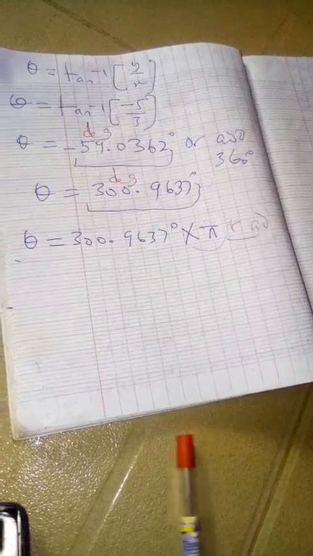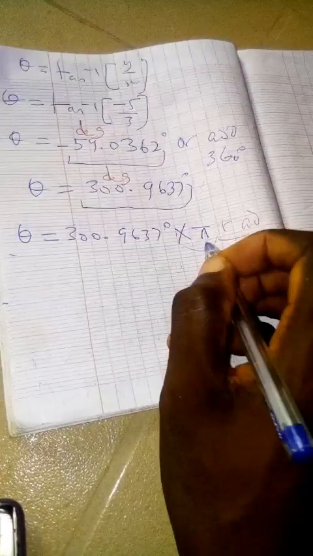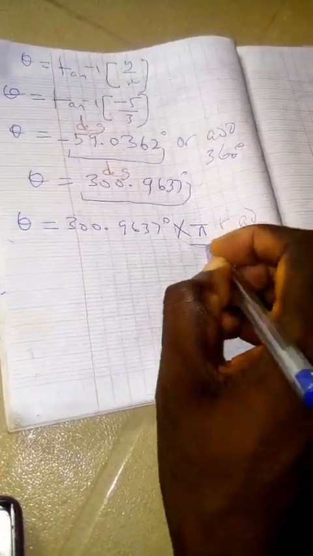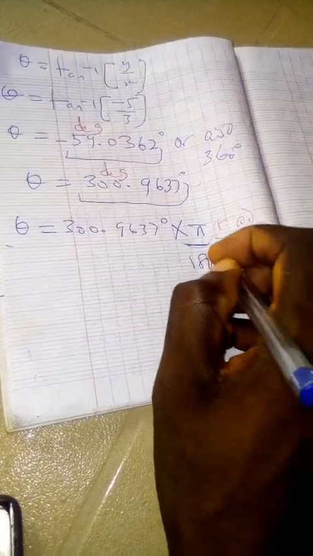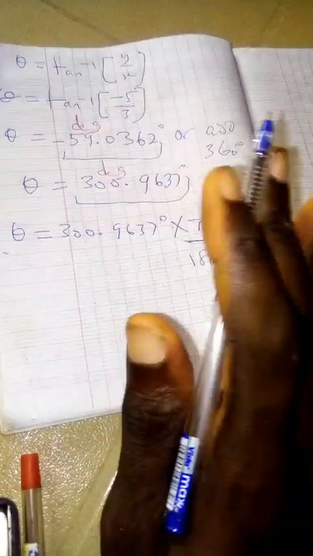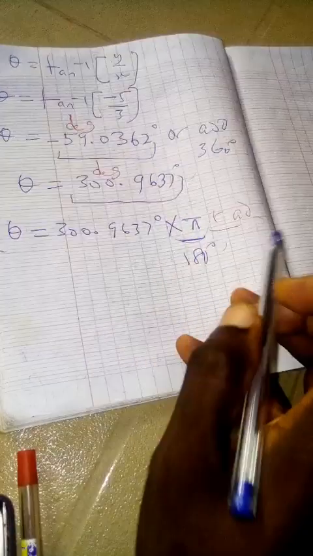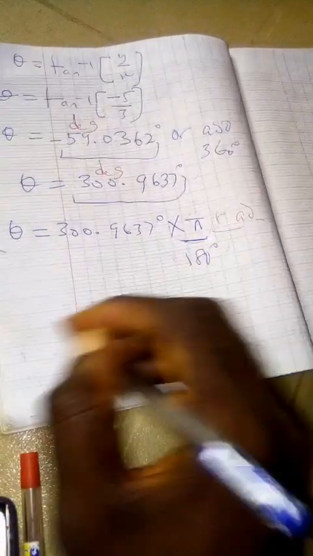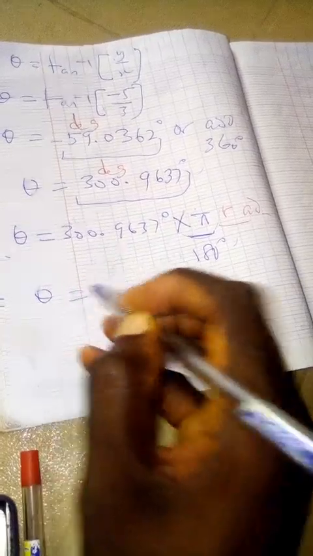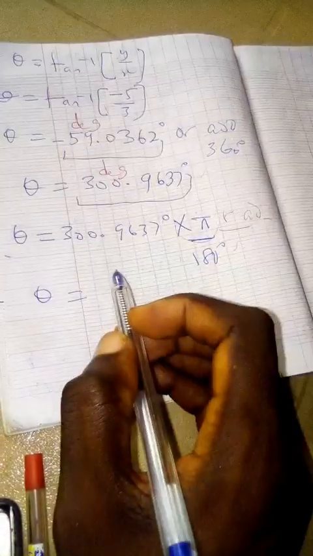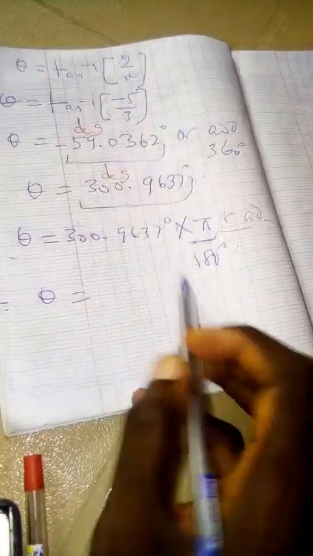Then I will divide it by 180. So if you multiply by pi, you are going from degree to radian, then you divide by 180 to create the balance. So now if I do this, I will only divide this side. I will leave the pi alone.